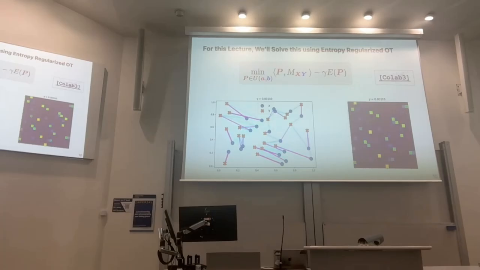Here, the more I increase this value of gamma, the more it tends to something that is quite the opposite, which is very much diffuse. Again, I won't have the time to talk too much about the Sinkhorn algorithm.